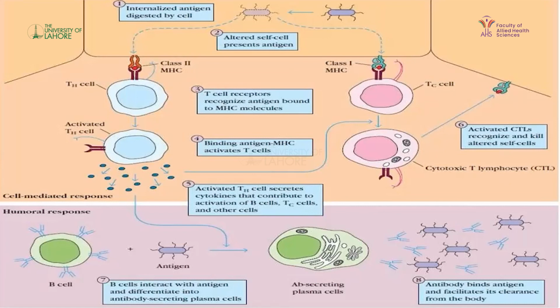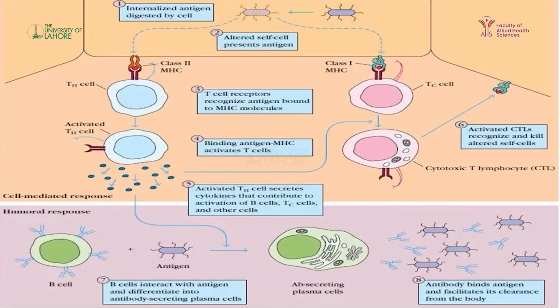The activated T helper cell will produce cytokines. Cytokines are basically chemical messengers between the immune cells. So immune cells are coordinated with each other in the immune response, with the help of cytokines.